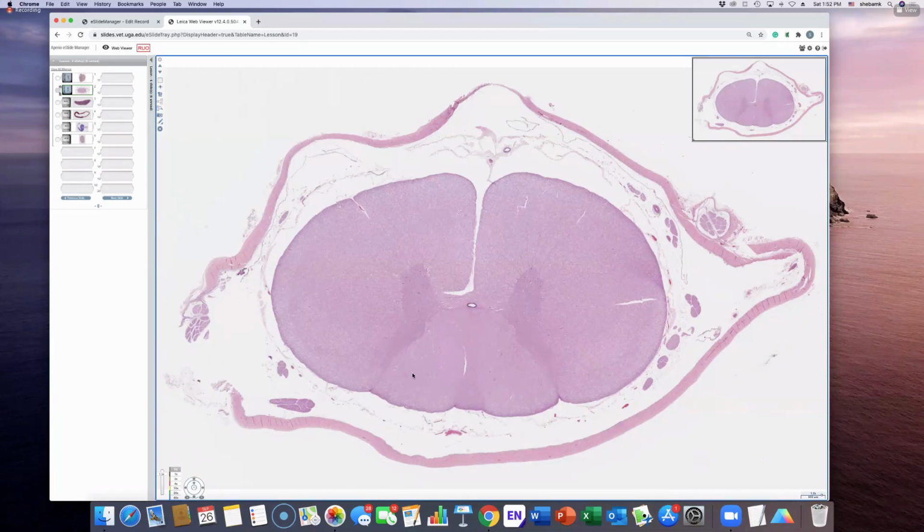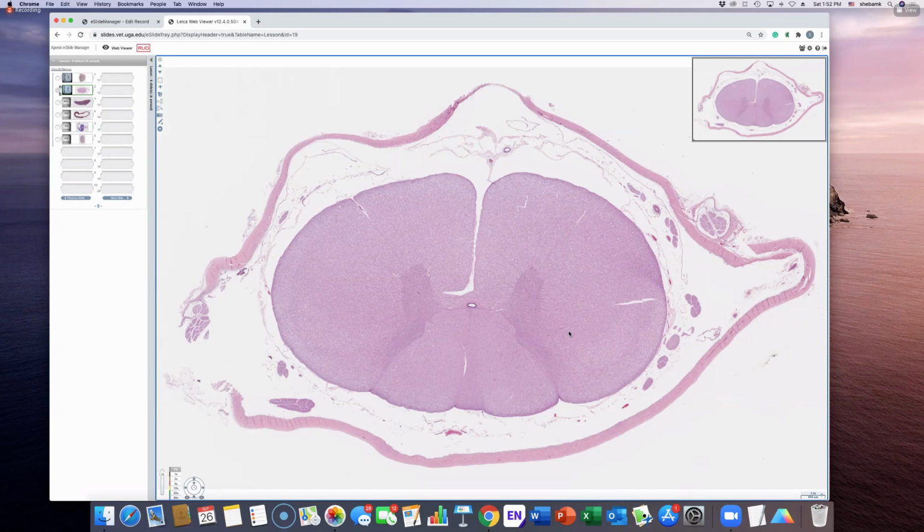You identify the spinal cord by the butterfly-shaped appearance of this area. What is this area called? Gray matter? Yes. The gray matter looks like a butterfly, and all of this is white matter. If you see this, then this is the spinal cord.